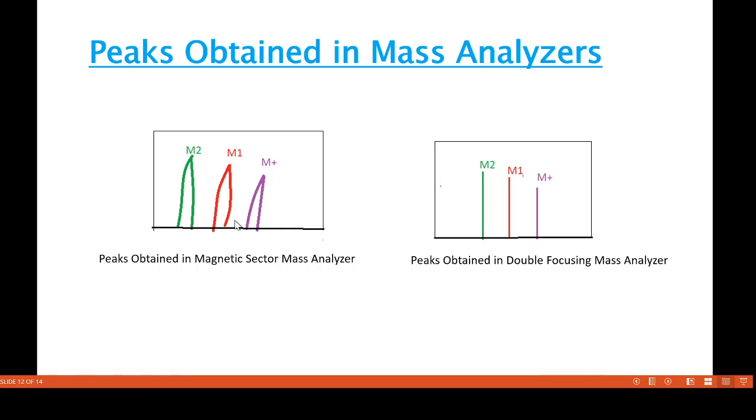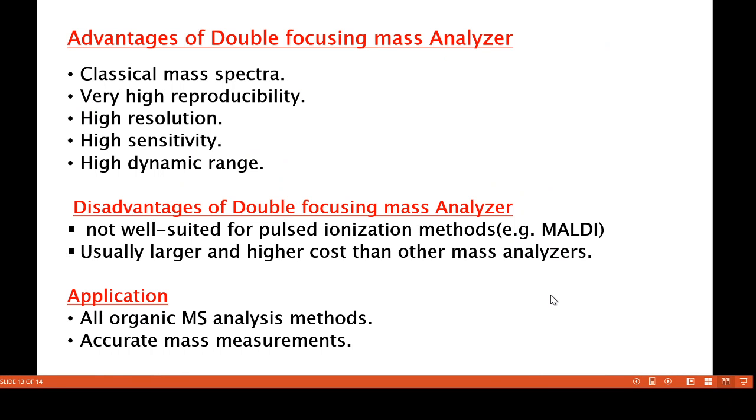At that time all ions are not aligned. They reach the detector one by one and due to that we get a broad peak, right? While in the double focusing mass analyzer, due to the electrostatic field, all ions are aligned and due to that alignment we get a sharp peak. Okay, so this is the peak obtained in a mass analyzer.